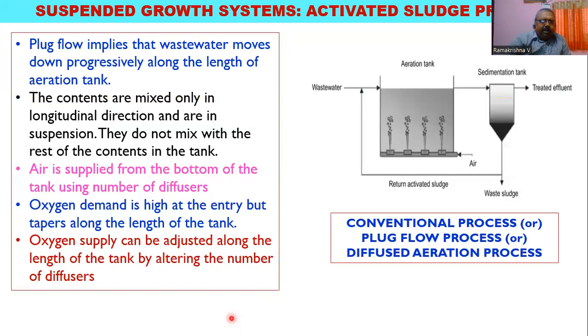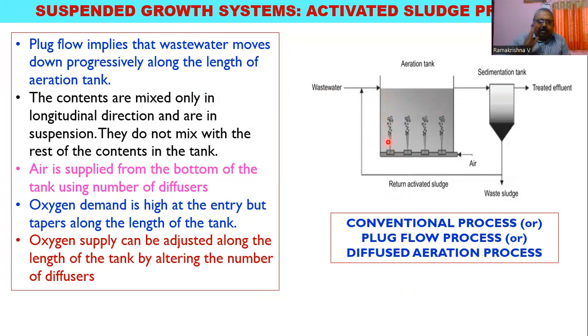The other model we have is called the plug flow process. Plug flow means basically the wastewater is moving down progressively along the length of the tank, without complete mixing in the entire tank. Here it will undergo radial mixing or some lateral mixing.